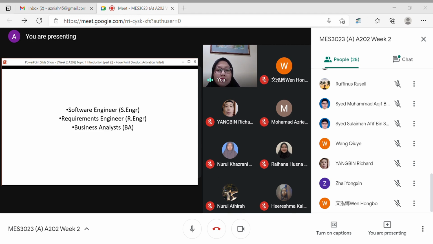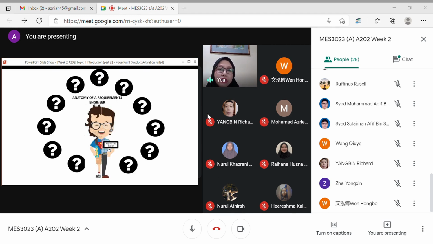Alright, so this is the anatomy of a requirements engineer. So this is going to be you one day, maybe. Okay, so for requirements engineer, as the name suggests, this person is responsible for requirements only. When they are done, they will pass it to the next team, which handles the design of the software.